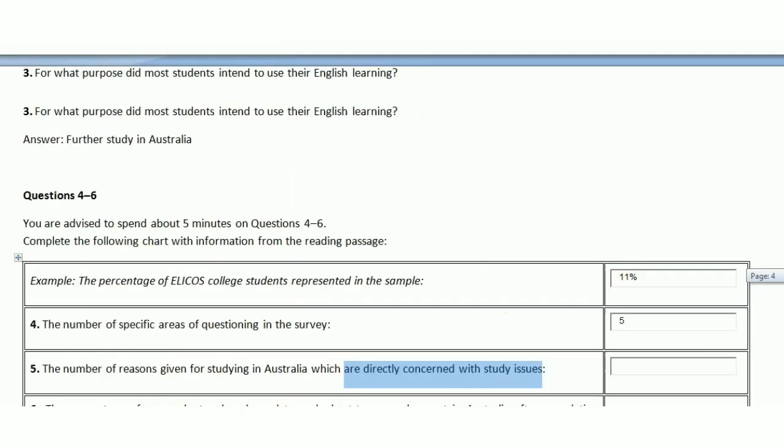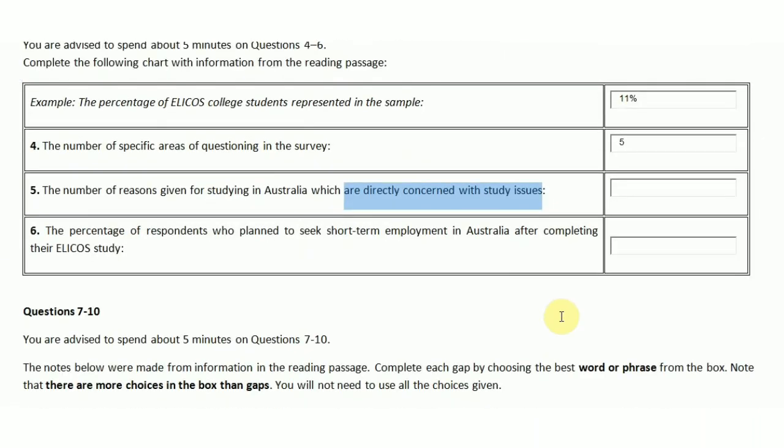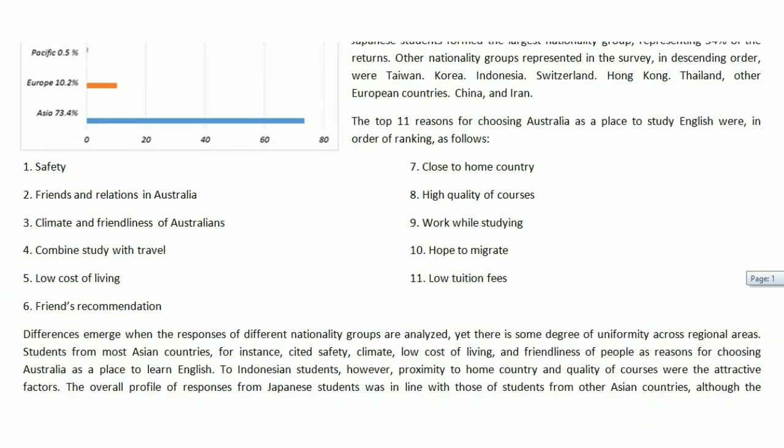I think there are 11 reasons given for studying in Australia. Yes, there are the top 11 reasons for choosing Australia as a place to study English. There are 11 reasons, but we have to count the number of reasons which are connected to study issues.